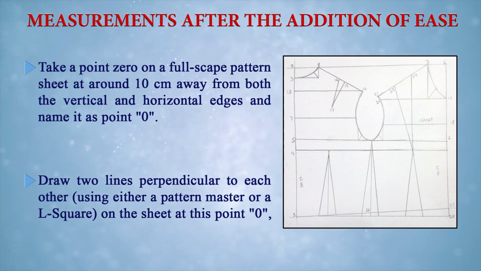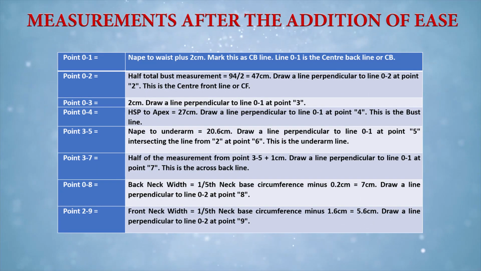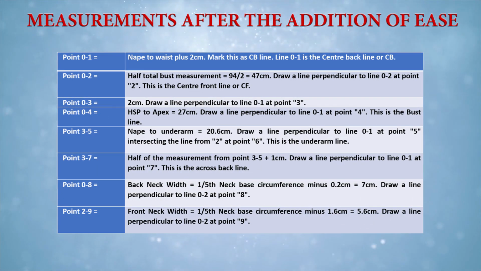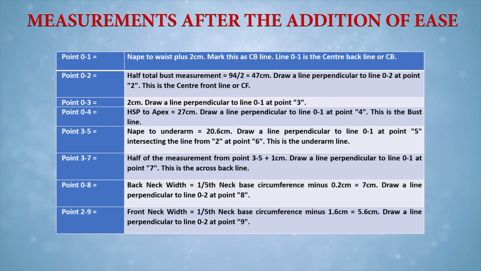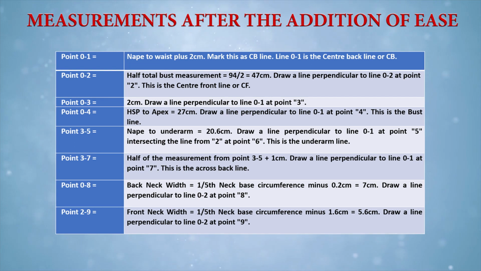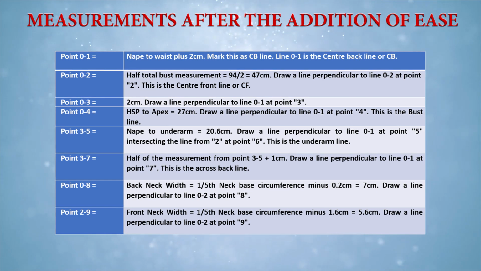You have to make a square or box on the pattern sheet, starting with point 0. Then you can follow the steps mentioned in your study material. Keep the diagram in front of you, and you can see the markings like points 0, 1, 2, 3. By following the steps, point 0 to 1 is nape to waist plus 2 centimeter.